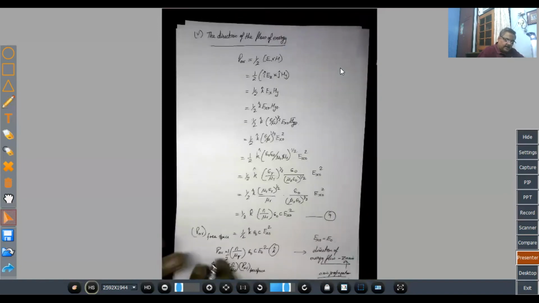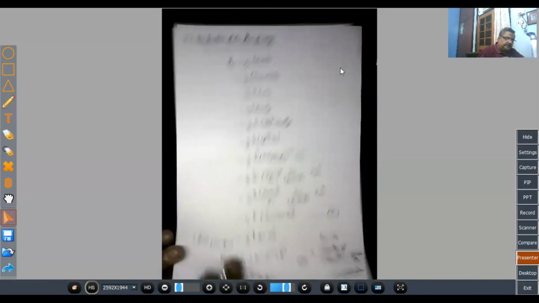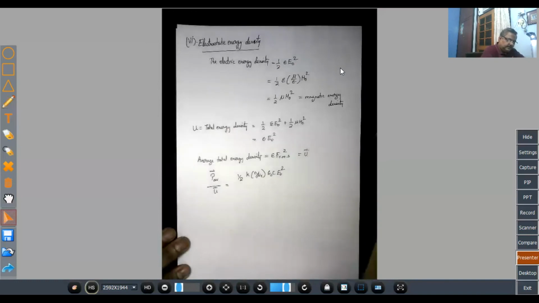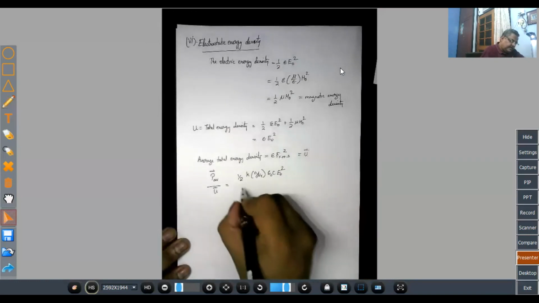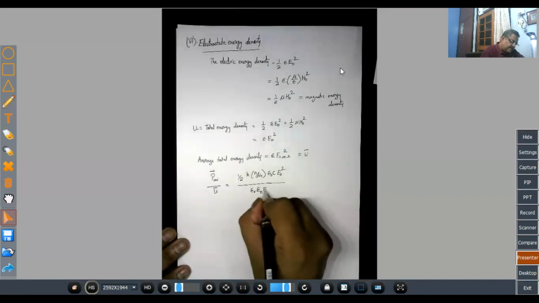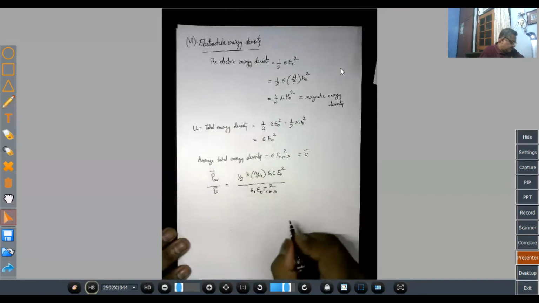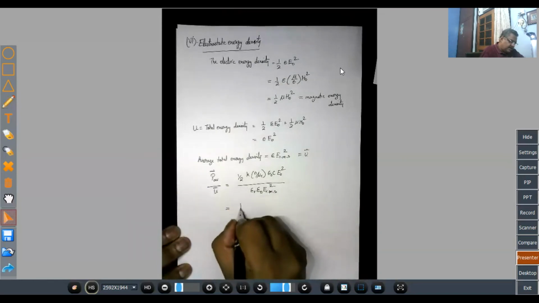Take this equation as 10, upon epsilon 0 E RMS square. Now we solve this.